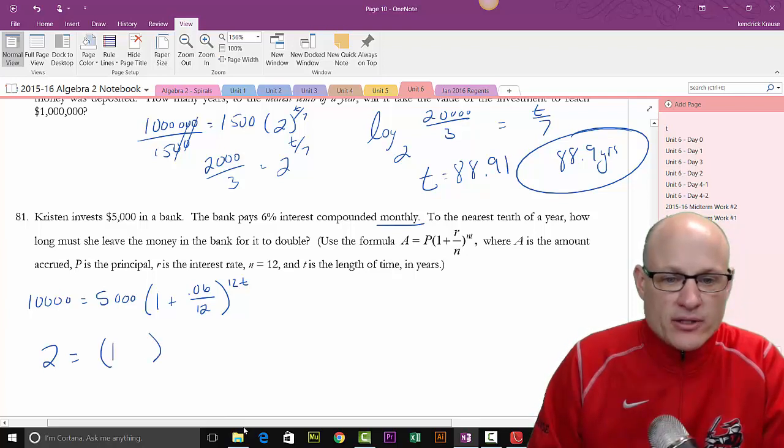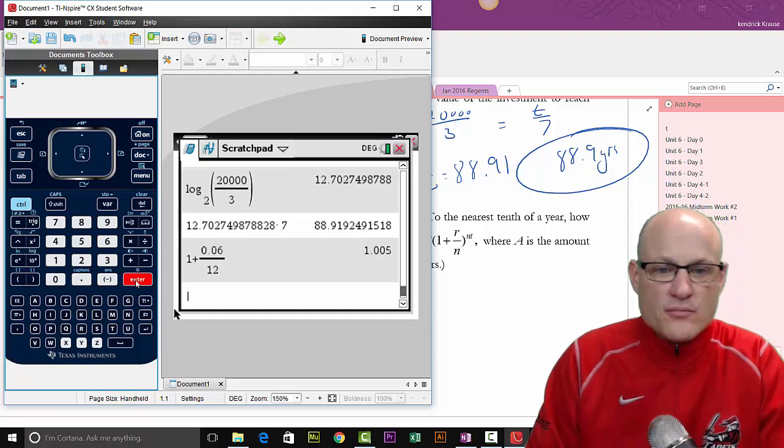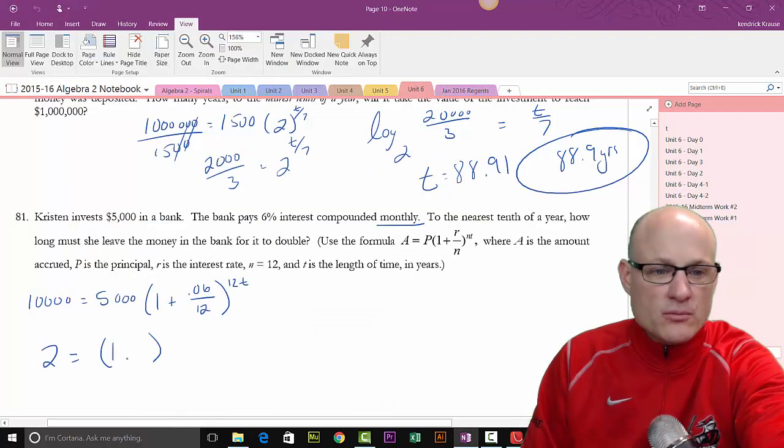Let me figure out what that is. 1 plus 0.06 divided by 12 is 1.005. So 1.005 to the 12t. It's all about the base.